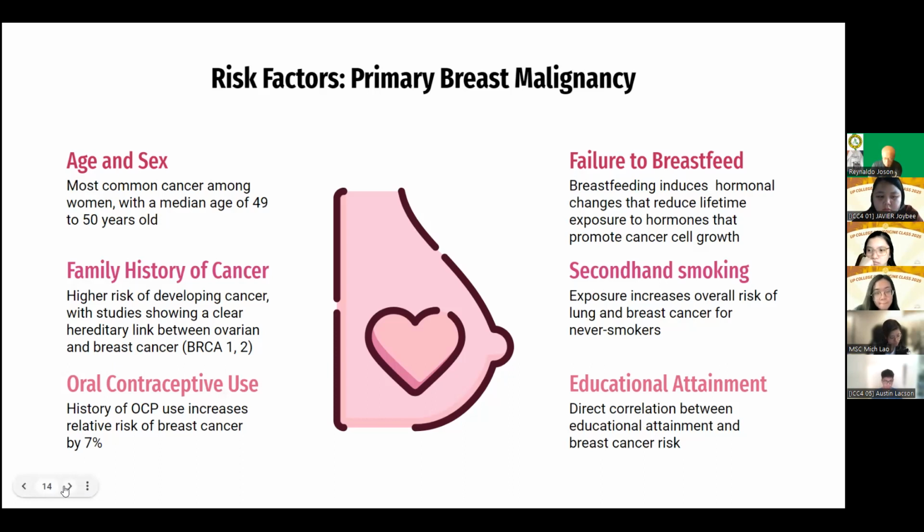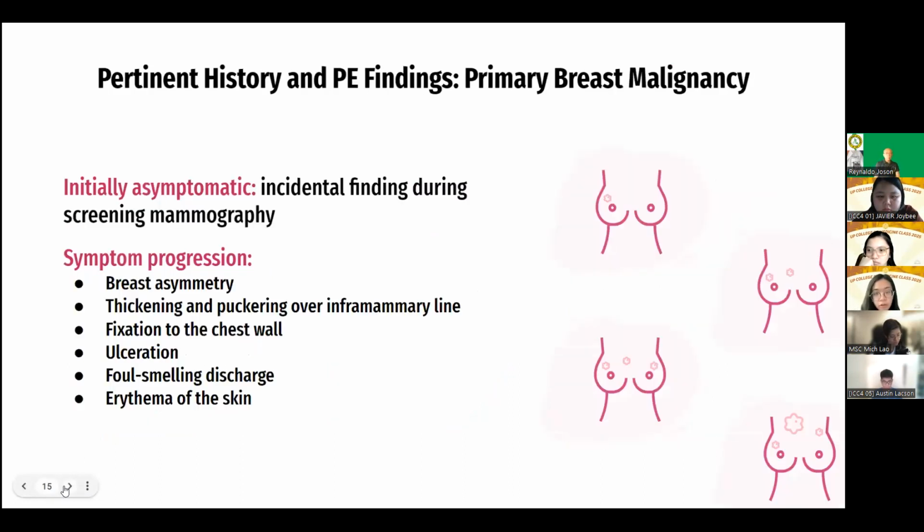Next slide. So for the pattern-based, these are the pertinent physical examination findings and history findings that we noted. Her symptoms, similar to other breast cancer cases that we've read, were initially asymptomatic. So we noted that it was an incidental finding on her part. And then her symptoms progressed.